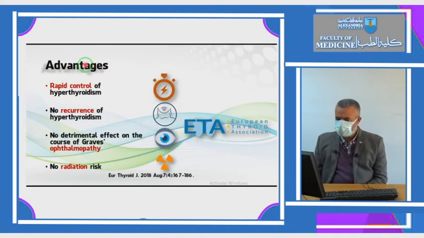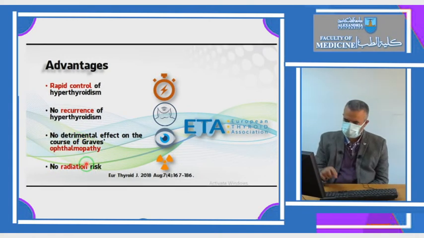What are the advantages of surgery in such a scenario? It achieves rapid control of hyperthyroidism with no recurrence of hyperthyroidism, no detrimental effect on the course of Graves' ophthalmopathy, because radioactive iodine ablation may exacerbate or cause new onset ophthalmopathy, and definitely it has no radiation risk.